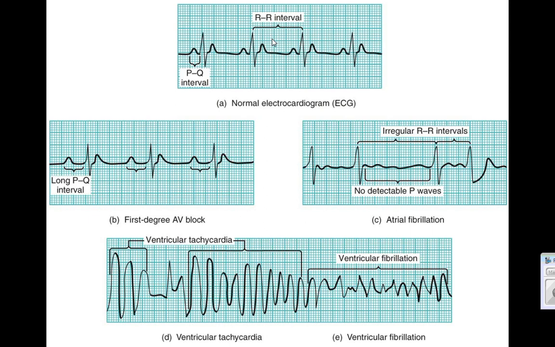VTAC and VFib, or ventricular tachycardia and ventricular fibrillation, you can see are very, very complex looking, really bad situations. It looks like little kid scribbles, not a typical QRS, P, T, any of that can be found. So stuff is not currently working the way it should.